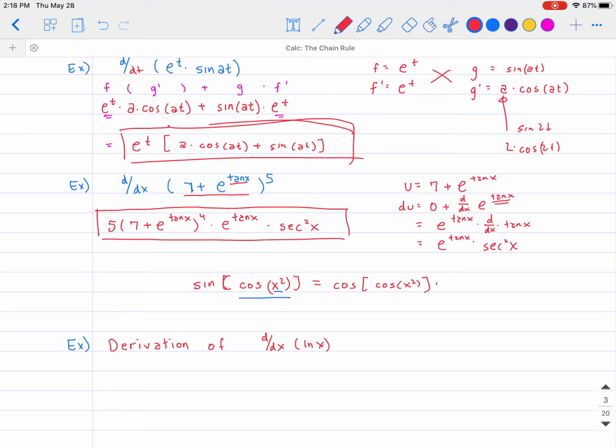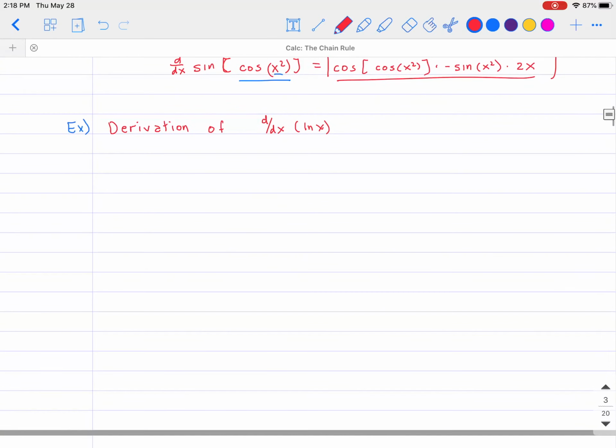Okay, so cosine of the cosine of x squared. Multiply by the derivative of the inner function because of the chain rule. So that's going to be equal to the negative sine of x squared, right? Because remember, that's the derivative of what I underlined there. And then that is going to be multiplied by 2x because there's still an inner function within, which is x squared, and its derivative is 2x. So this whole thing would then be the derivative of this thing that I just came up with on the side. Okay.